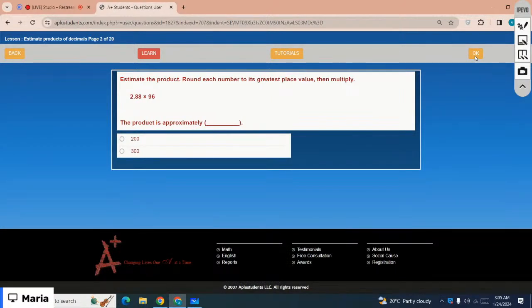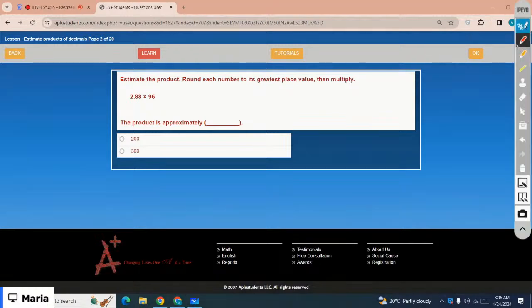Okay, the next one is estimate the product. 96 times 2.88. I think that's exactly the same we did in the tutorial, isn't it? You have to round off both the numbers to the nearest 10 and then you have to multiply, right? 96 is rounded off to which 10? 96 is rounded off to 100 and you have 2.88.